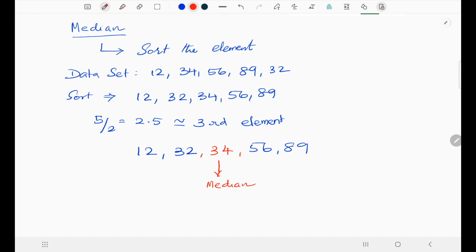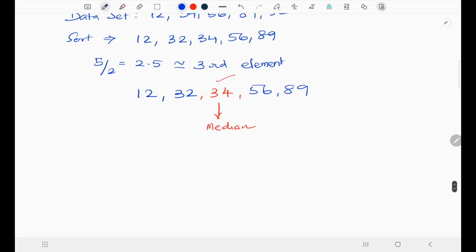In the previous mean calculation, we had a data set with an odd number of values. If we have an odd number, no problem, we can easily find the middle one. But if we have an even number of values, I mean the total number of elements is even, what do we need to do?